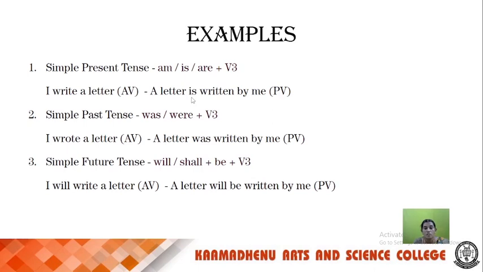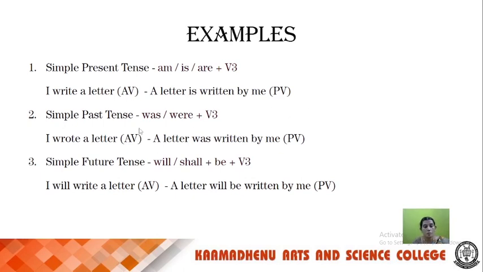Then we are introducing an auxiliary verb here, is, then V3 form. Write, wrote, written. Written is V3 form. Then we are introducing by here. Then I becomes me in passive form. This is the change of conversion from active to passive form.